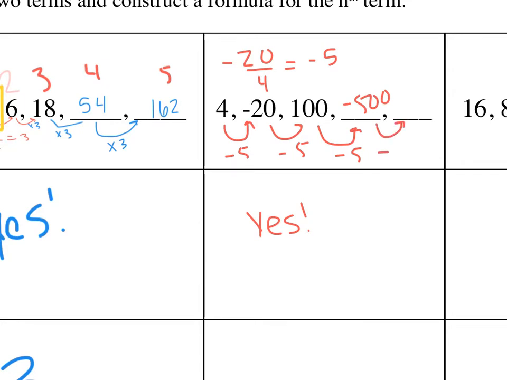And negative 500 times negative 5 is 2,500. So I get 2,500 as my last term.